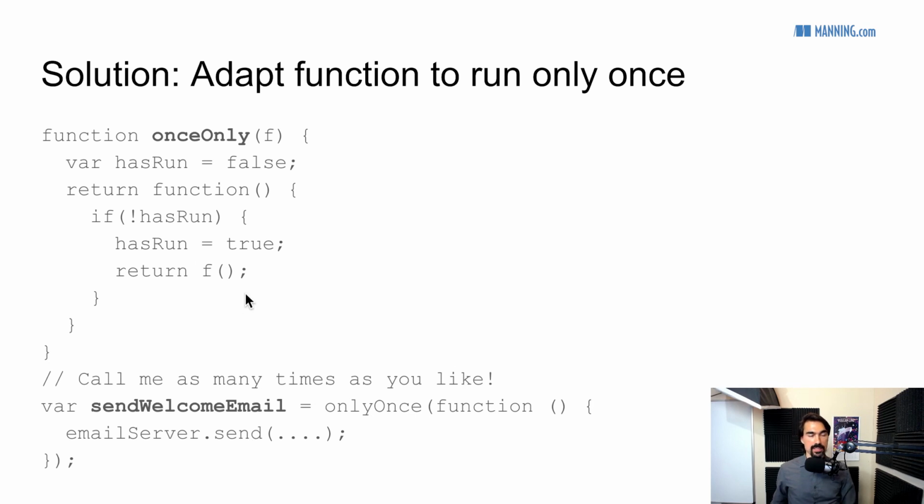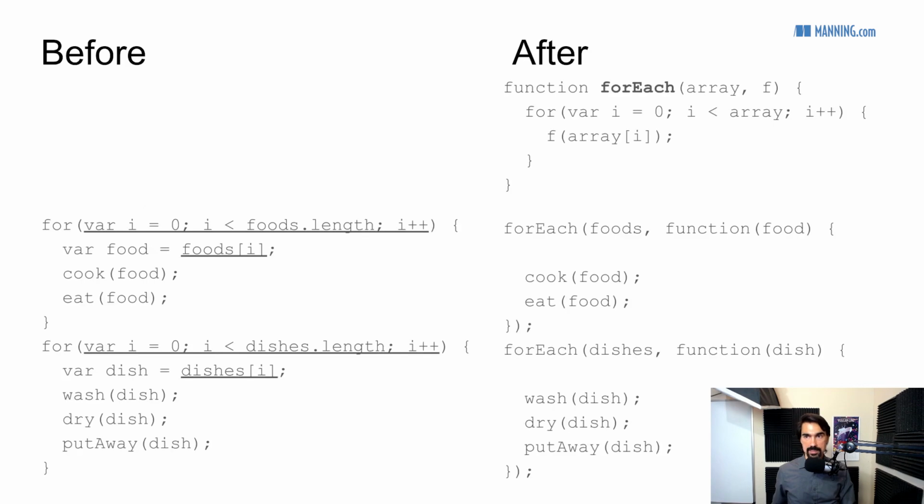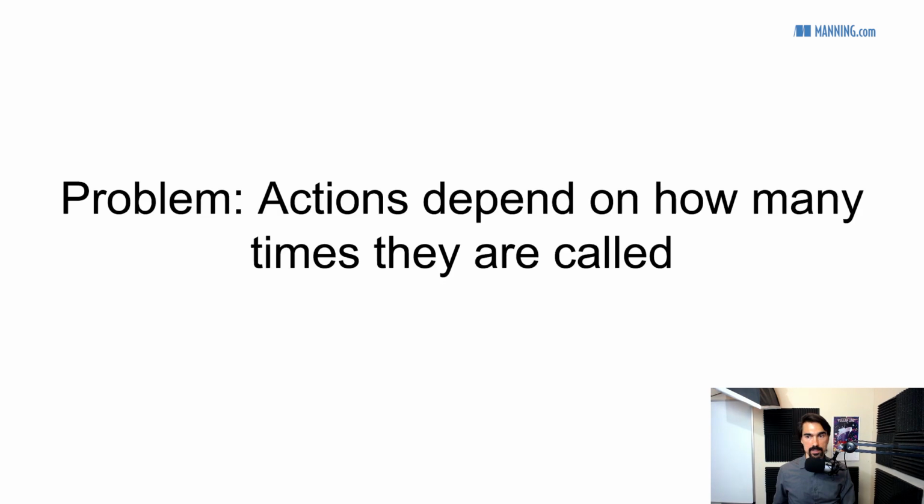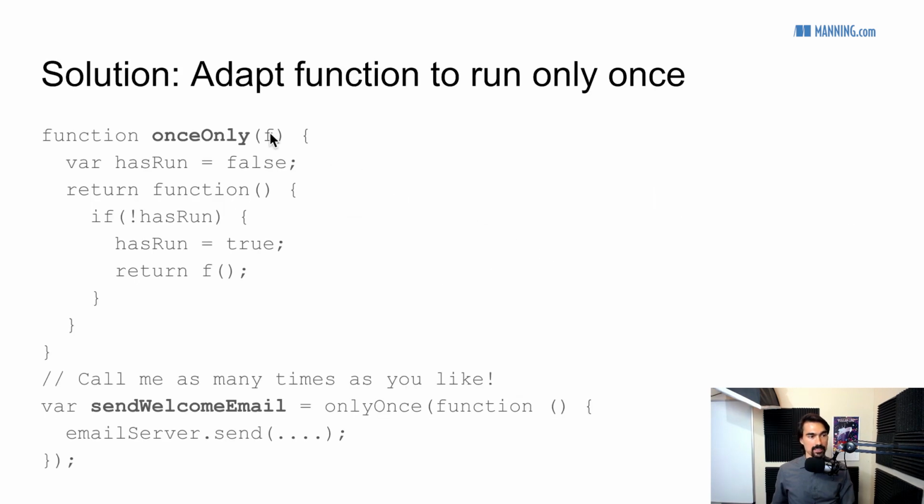Now, this is very similar to what we did before, where we wrapped a function. When we did the for each, we passed the function f into this loop so that it can get called for each item in the array. But in this case, we're expecting f to be an action and only call once.